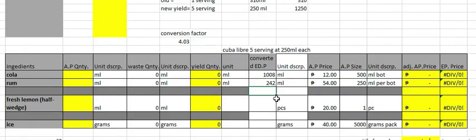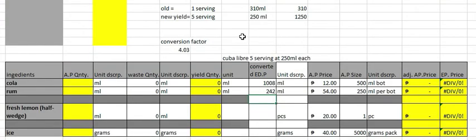So in short, we have 242 instead of 60 for one serving. So for 5 servings with 250 ml, you will already need 242.